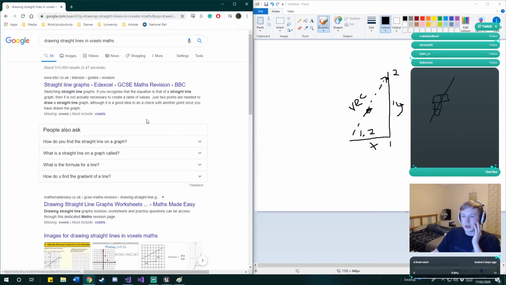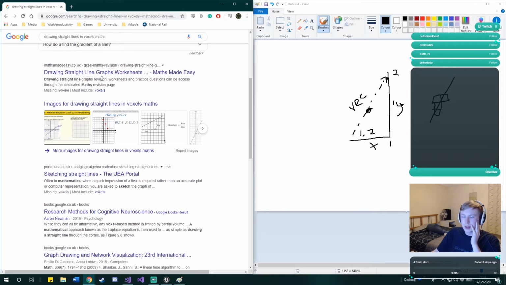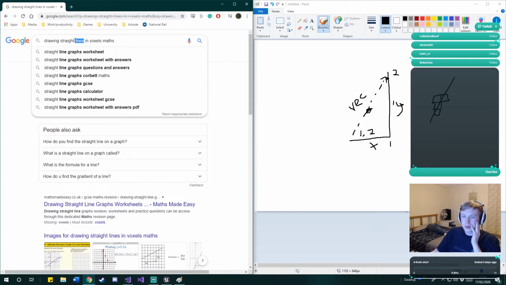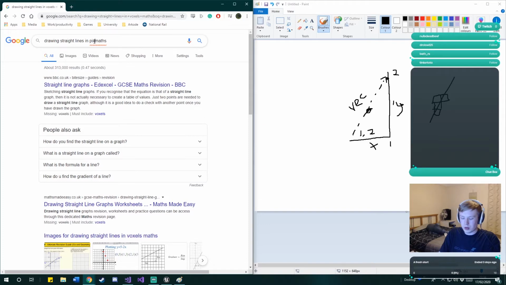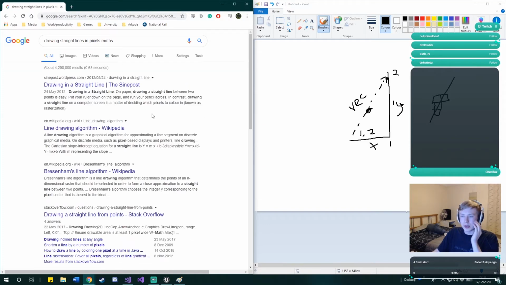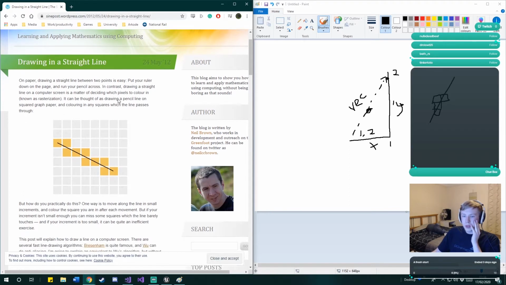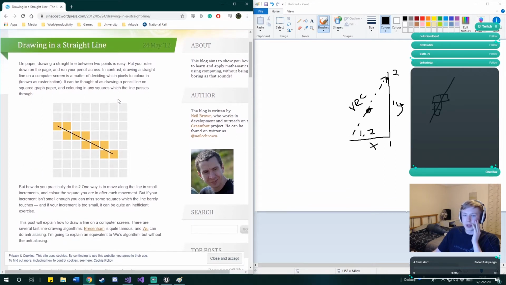Or we'll do it in voxels, because I'm sure there's something along those lines. Try it with pixels. Here we go, this is essentially what I need in 3D. Well, this is in 2D, but I need it in 3D.